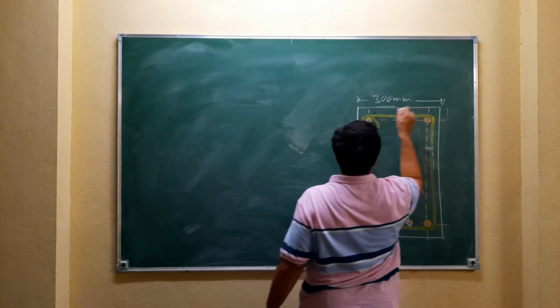The compression steel is 2 bars of 16 mm diameter. Tension steel is 5 bars of 16 mm diameter. And stirrups is 8 mm two-legged, 70 mm center to center. So this is the final design of your beam.